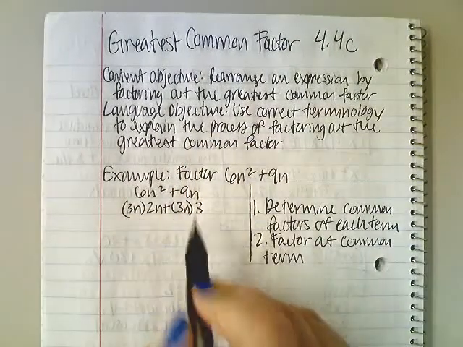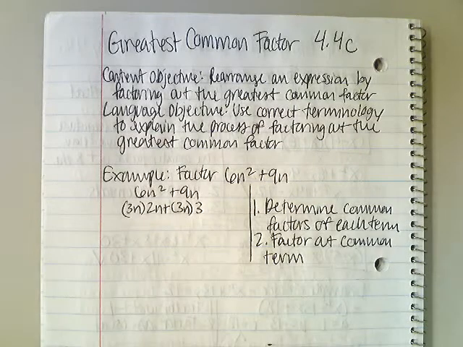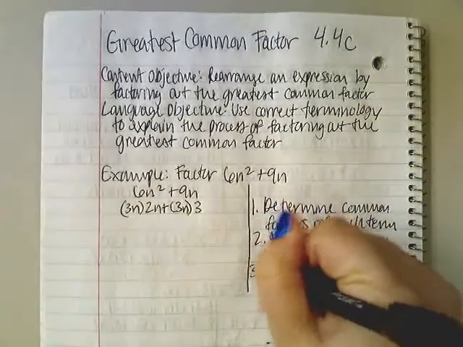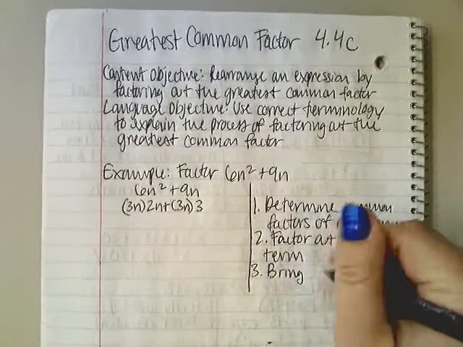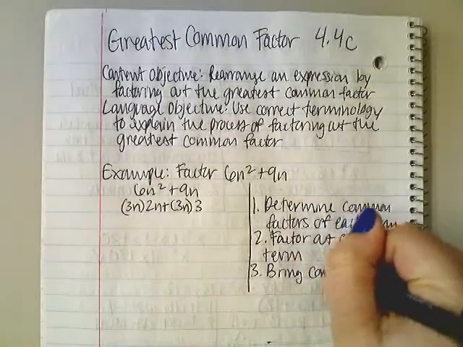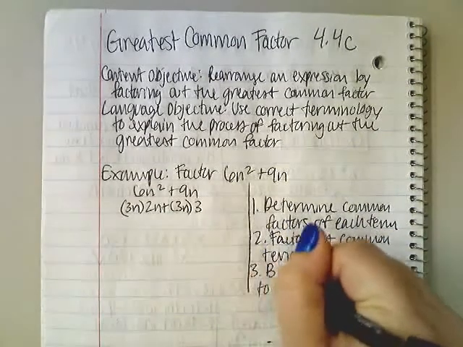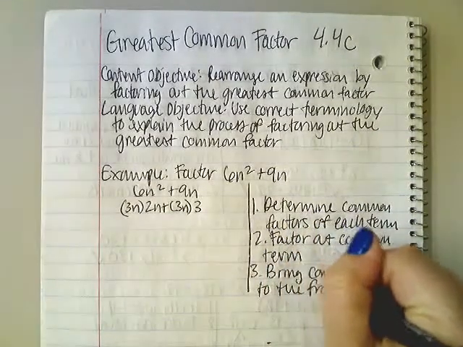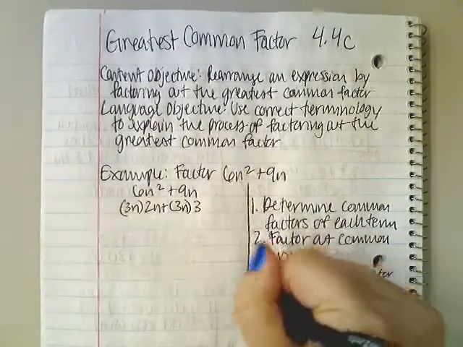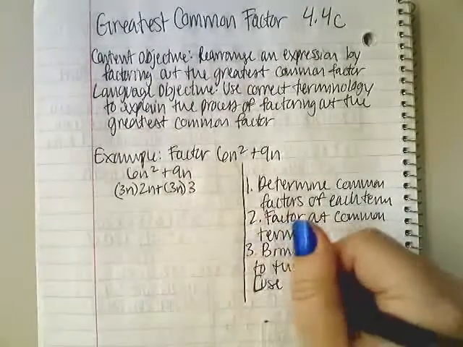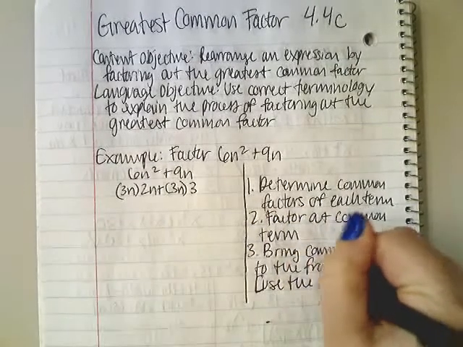So now I've pulled out the common factor. I'm going to pull it to the front using the distributive property. So step 3, I'm going to bring the common factor to the front, which in more technically correct vocabulary is to use the distributive property.